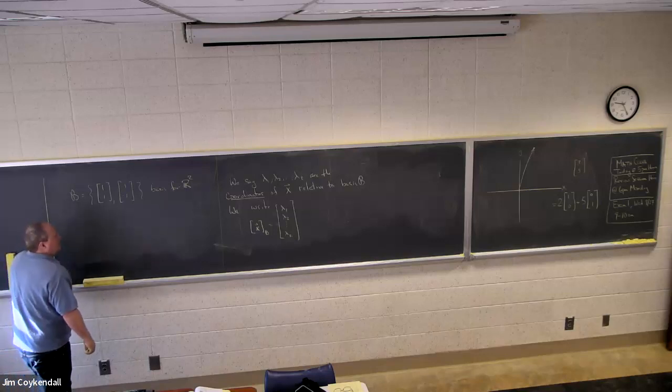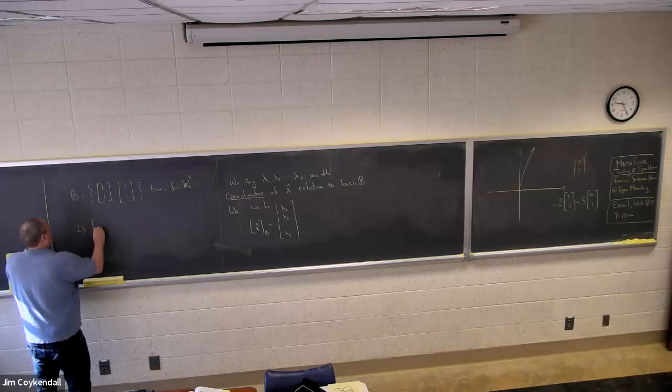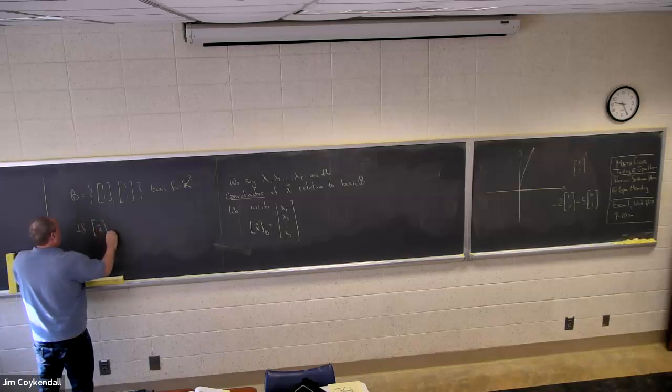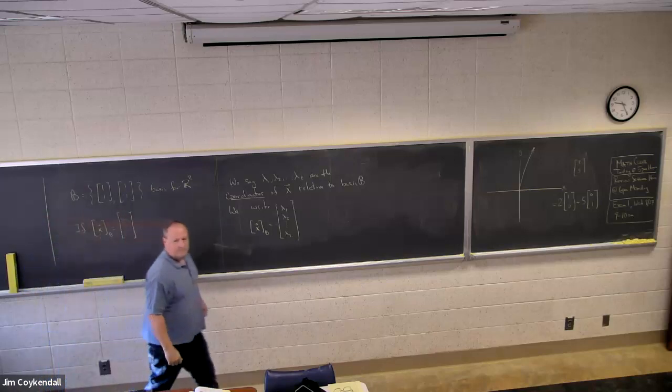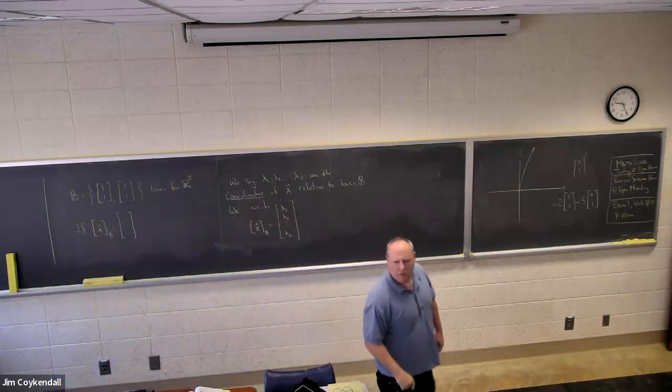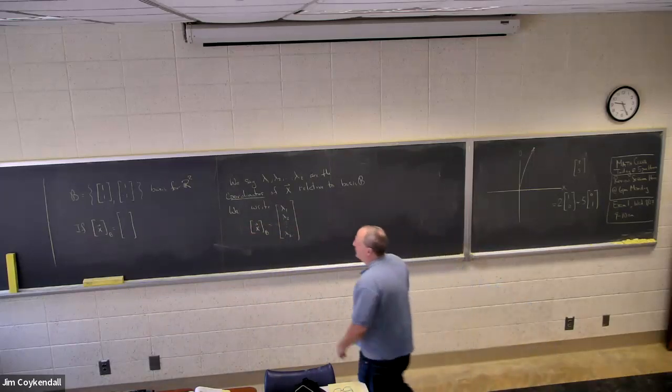So if x in B coordinates is equal to, give me two numbers. You can give me 2. 7, 13. 7 and 13.